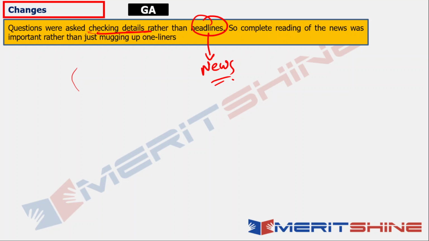This policy would be available to which age group, or which age group is not eligible for this policy. So sort of stuff like that. So complete reading of the news was important rather than just mugging up one-liners. Now that's an important change that happened this year in general awareness, right?